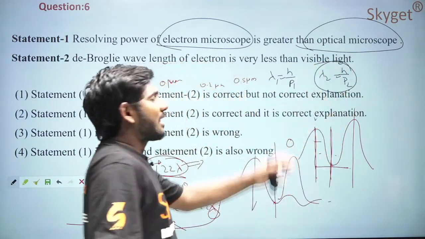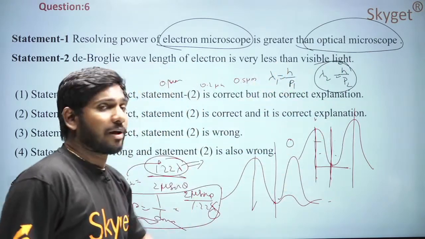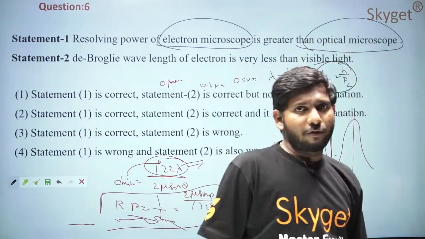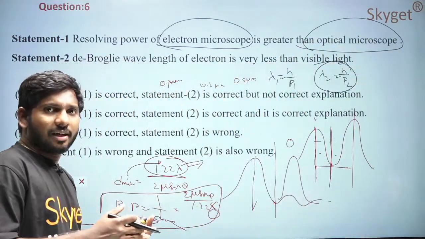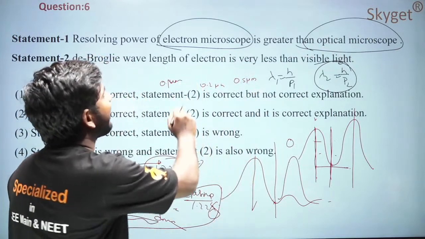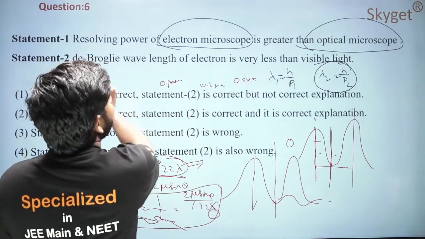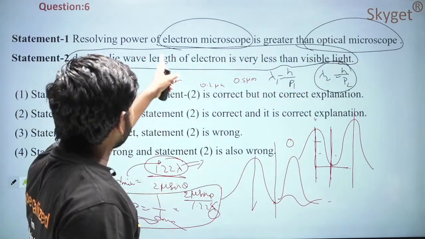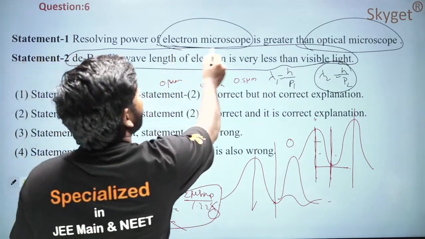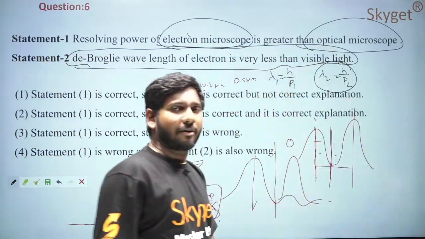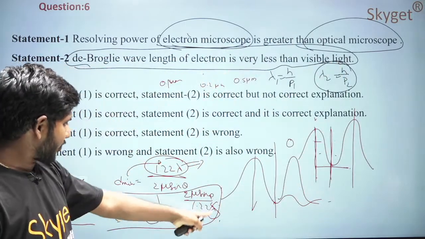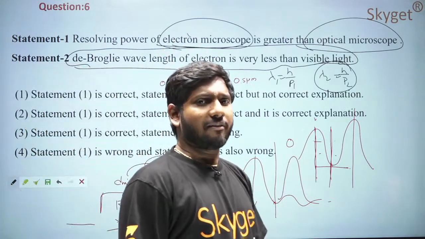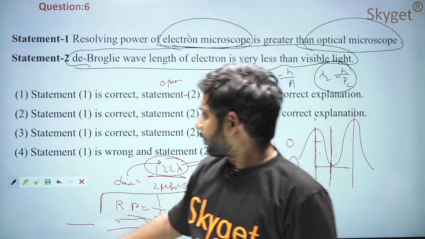The de Broglie wavelength of an electron is very small in comparison with that of visible light, and its energy is also higher. So the electron microscope has a greater resolving power because its lambda is less, as I have shown. That is why the electron microscope has higher resolving power than the optical microscope.